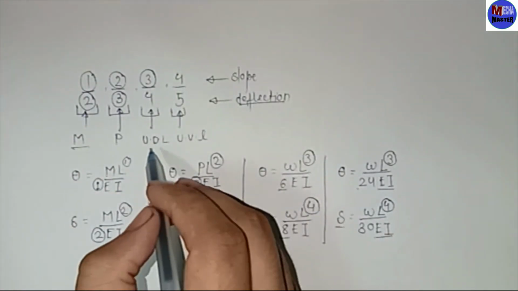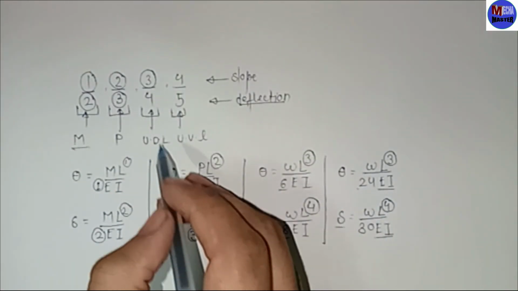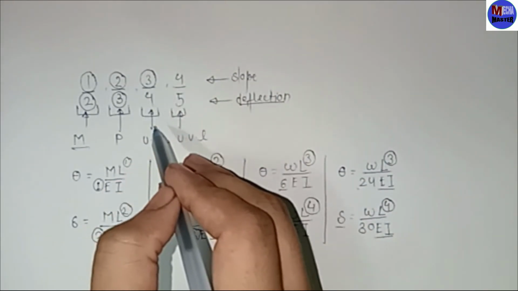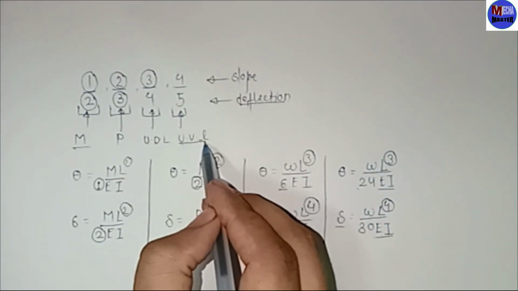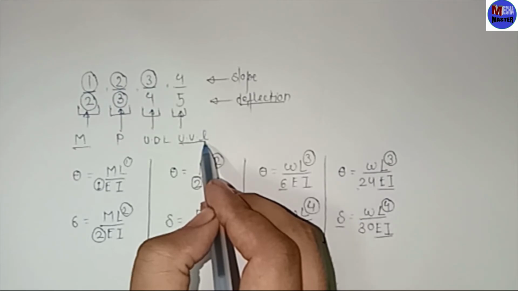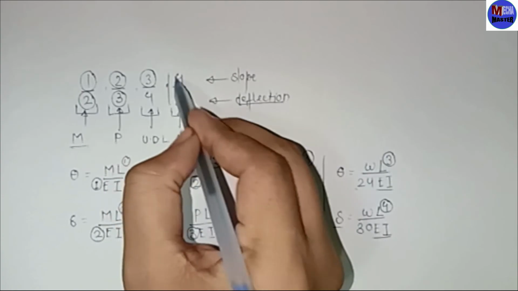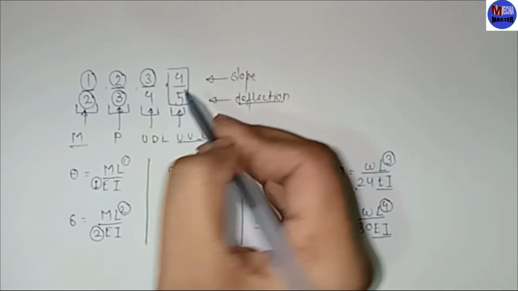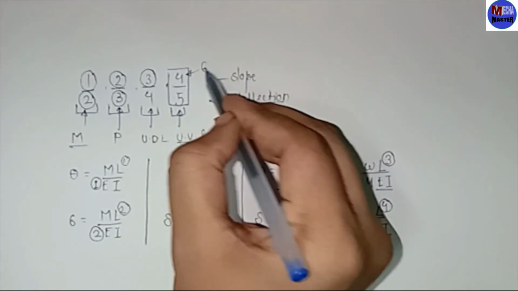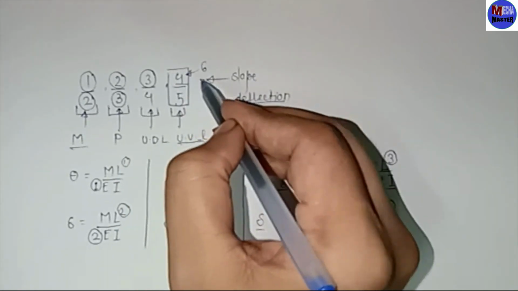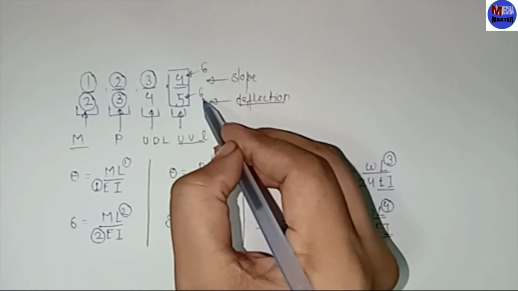Since in the case of UDL we have multiplied 2, so similarly in the case of UVL we have to multiply it by 6. You have to remember it. We have to multiply it by 6. So it will become 24 and 5 become 30.